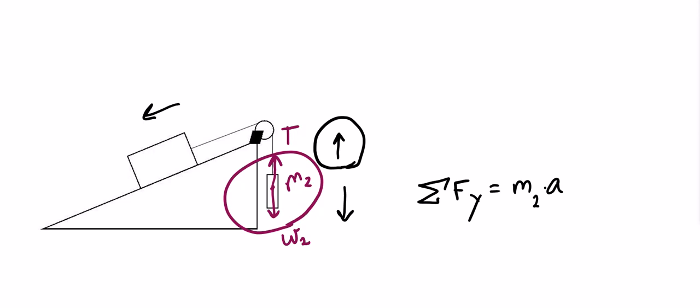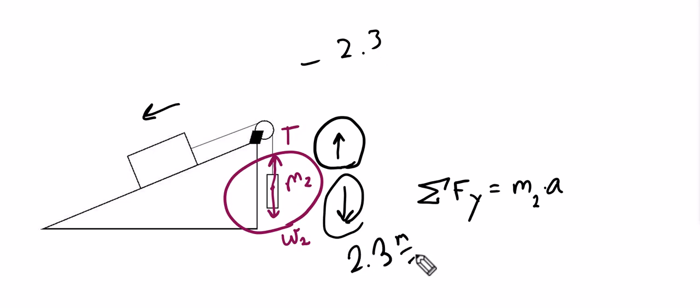It doesn't mean you have to redo the whole problem. It just means we set up everything in the opposite direction. And so if we get, for example, an answer of negative 2.3 meters per second squared, and we did everything correctly, it just says, oops, we went the wrong direction. So we should have gone down instead of up. It doesn't mean do the problem again, it just means, okay, so the answer is 2.3 meters per second squared.